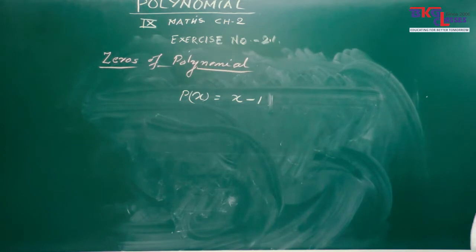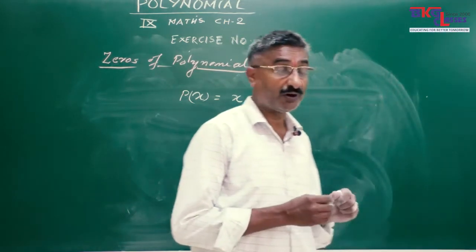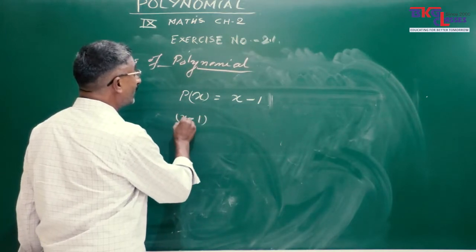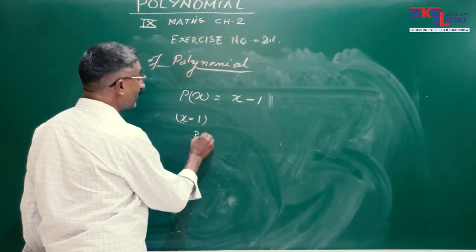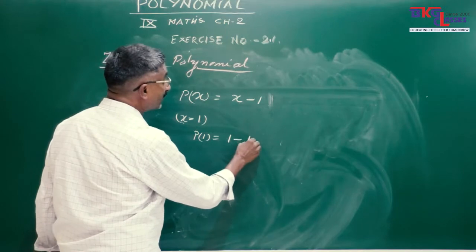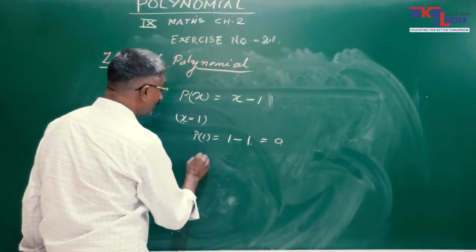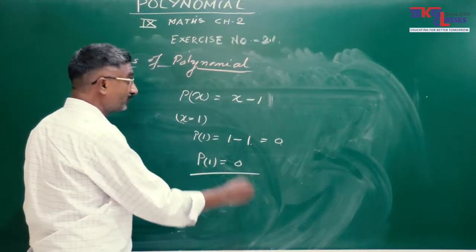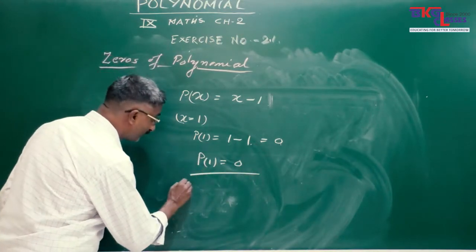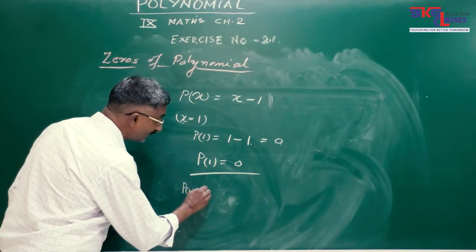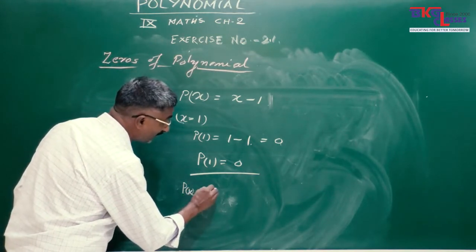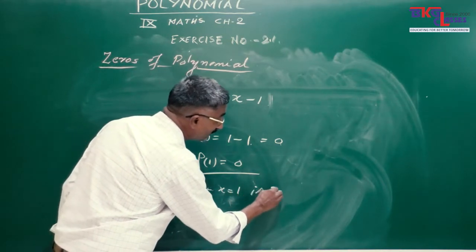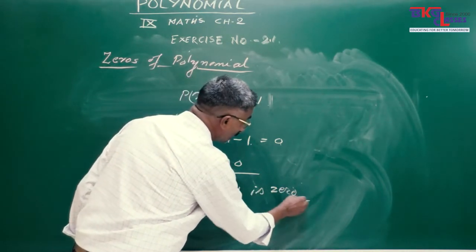I am taking one example so that you can understand. If we substitute the value x is equal to 1, what will happen? P(1) is equal to 1 minus 1. So this is equal to 0, means P(1) is equal to 0. So the value of P(x) at x is equal to 1 is 0.